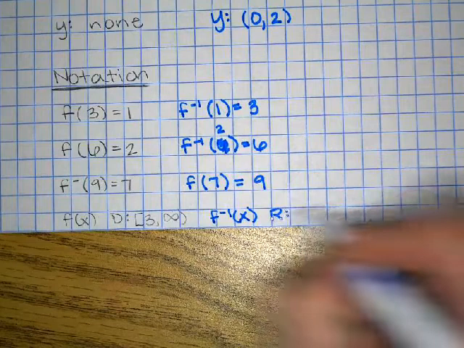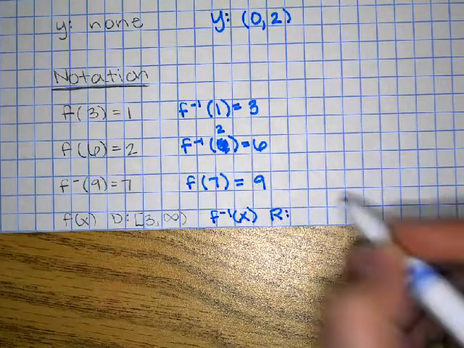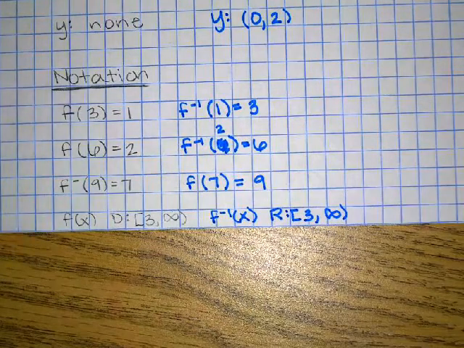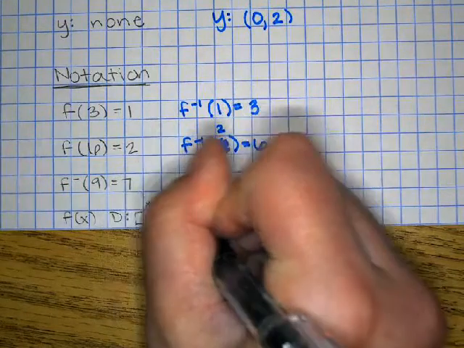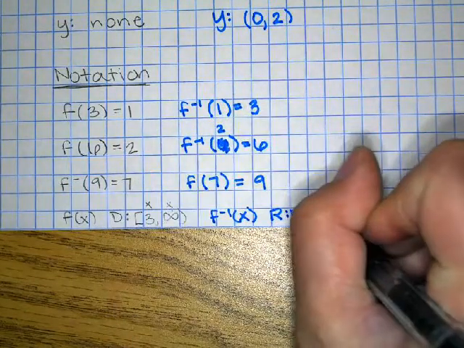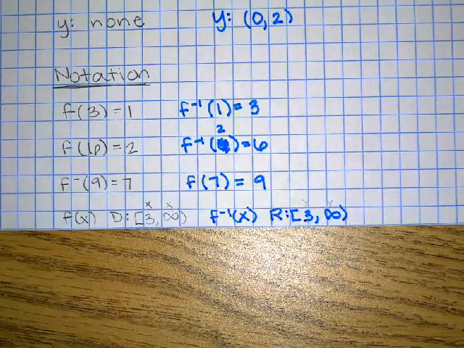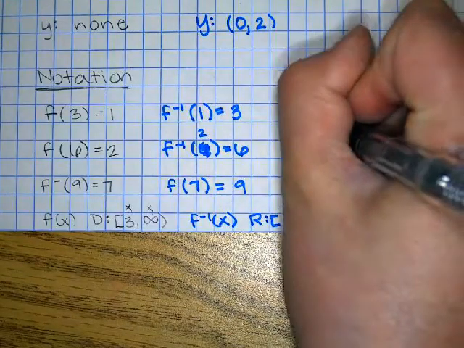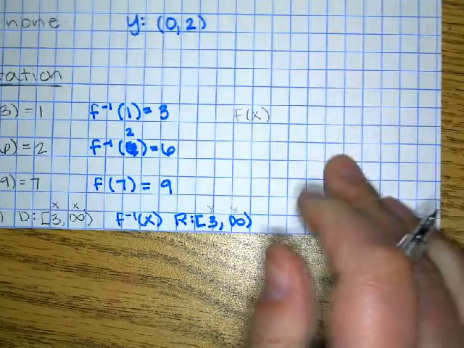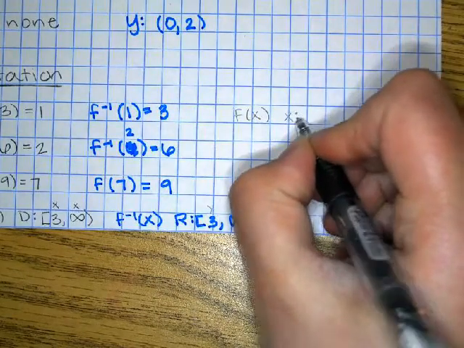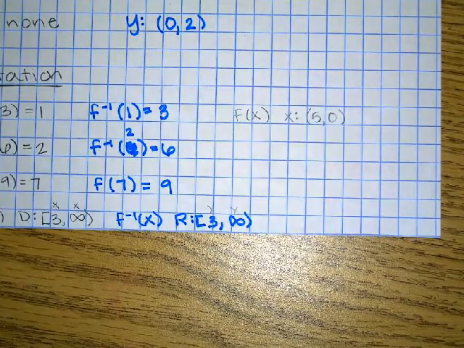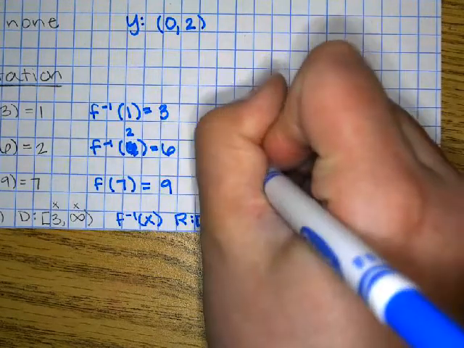You'd keep it exactly the same. Because remember, domain is x, x, and range is y, y. Good. Very good. Okay. If I told you, let's try another one. If I told you that f of x had an x-intercept, and the x-intercept was 5, 0, then you would tell me the inverse has a y-intercept of 0, 5.